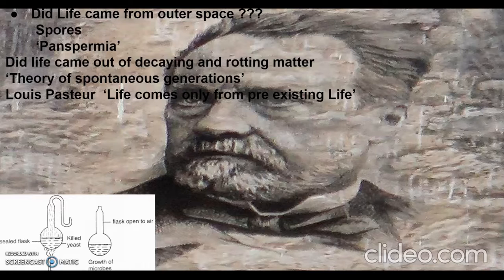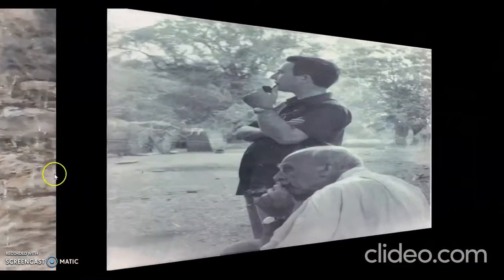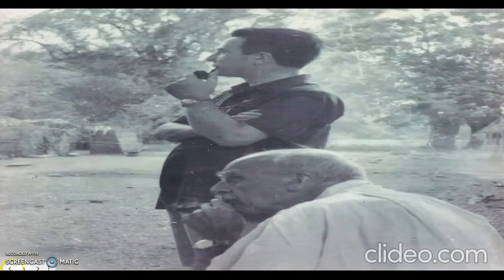He showed that in the pre-sterilized flask, life did not come from killed yeast, while in another flask open to air, new living organisms arose from the killed yeast. Let's see the experiment of Louis Pasteur first.